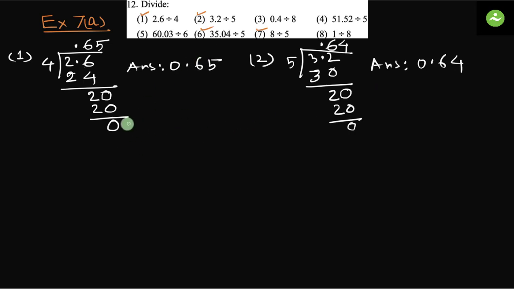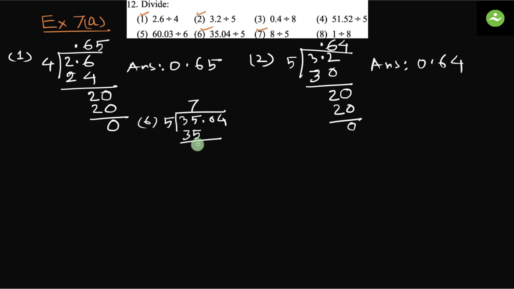Next, number 6. 35.04 divided by 5. Take one digit. Does it divide? No. It is small. So take another digit. 5 into 7, 35.